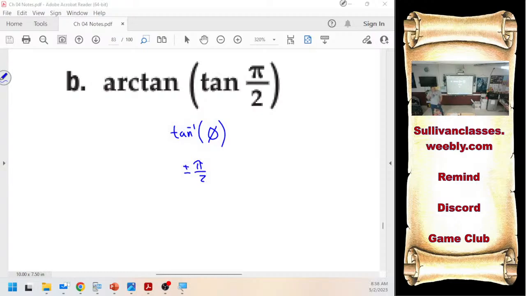Is it legal? What do you think? Since the tangent of pi over 2 is undefined, and I can look up where tangent is undefined, could I still answer this?